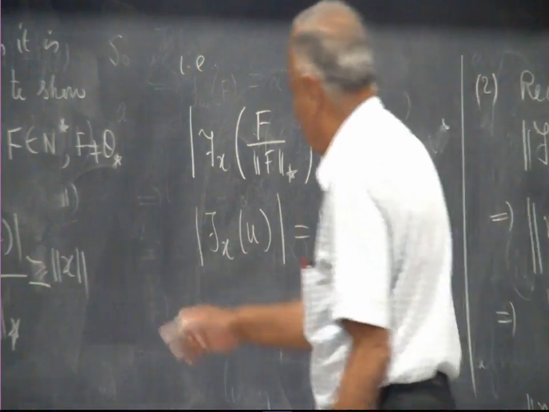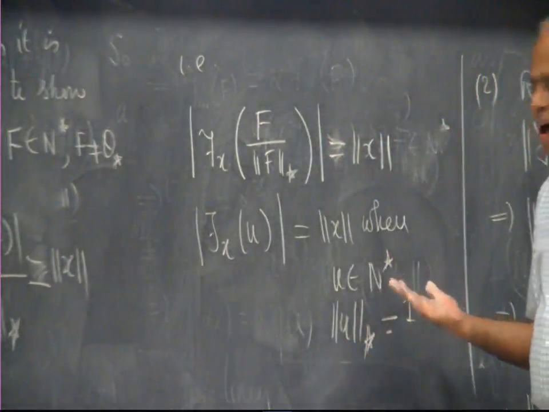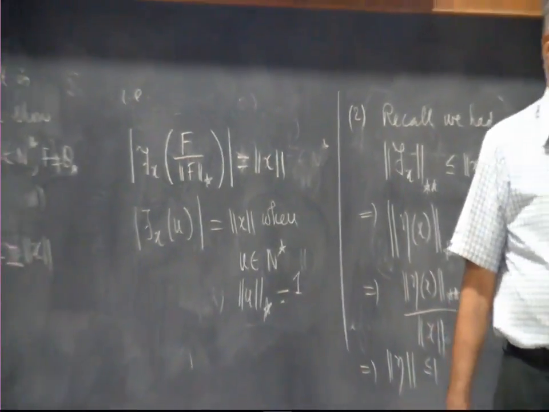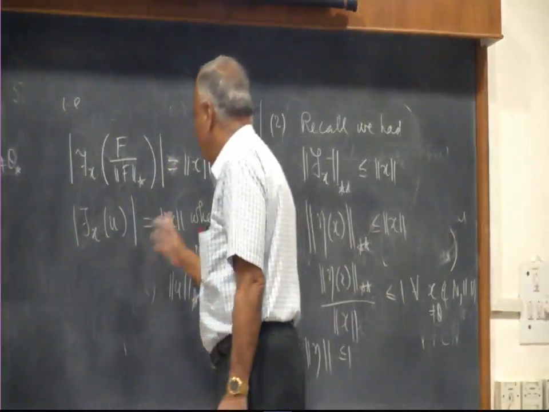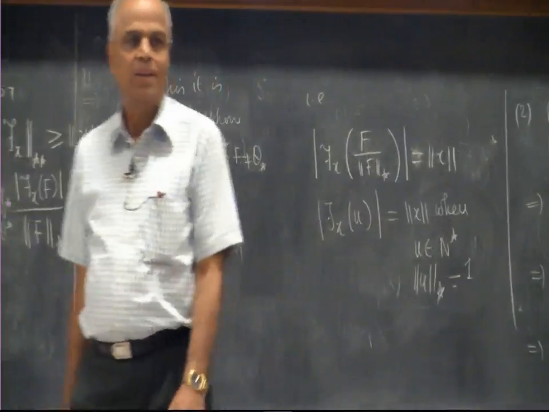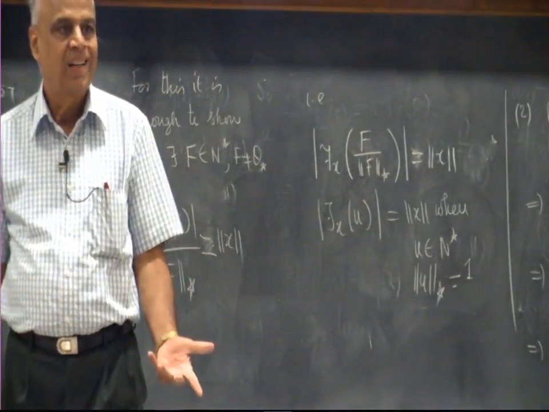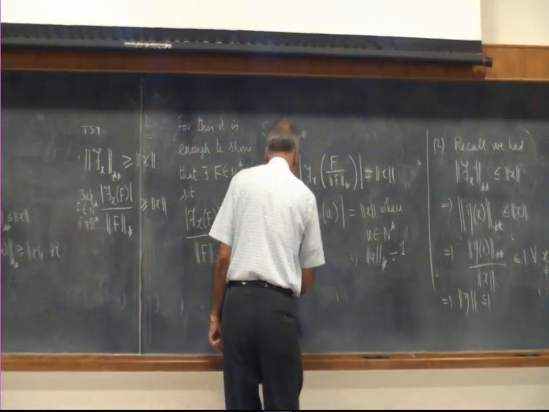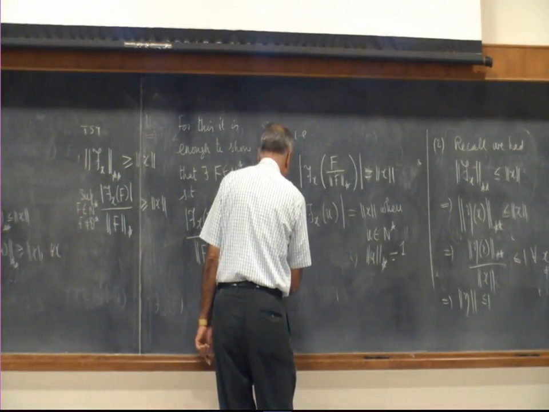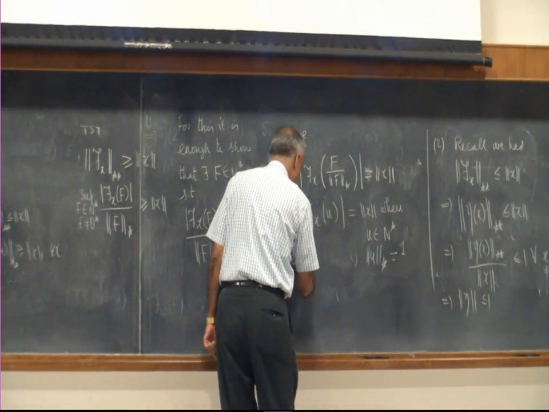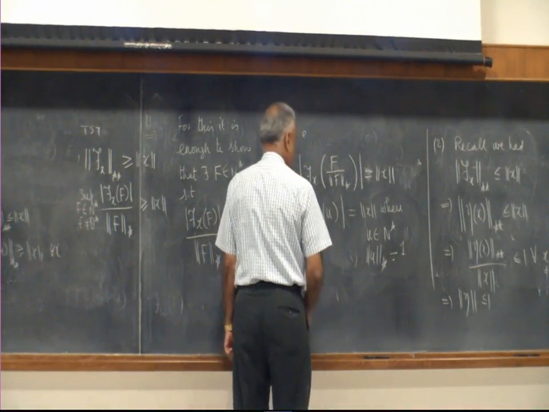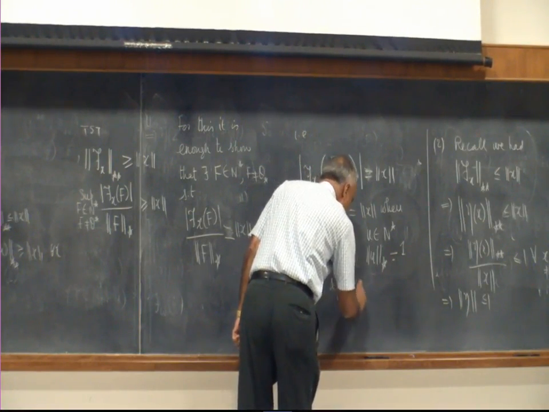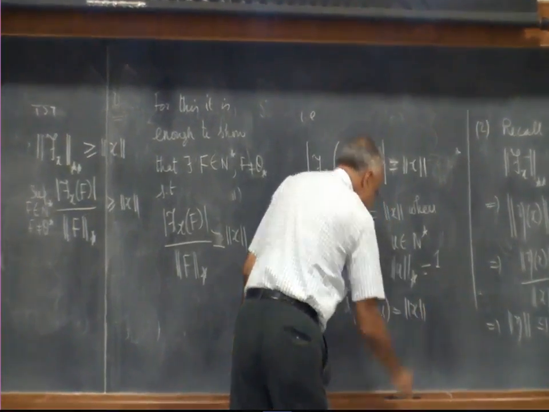So what I want to do is get hold of one linear functional whose norm is 1, and check that the modulus of Fx of u is equal to norm x. Is that correct? That's exactly what I am trying to do. And I will be even luckier if it is enough to show that there exists u belonging to N star, norm of u equal to 1, and Fx of u is equal to norm x without even the modulus.